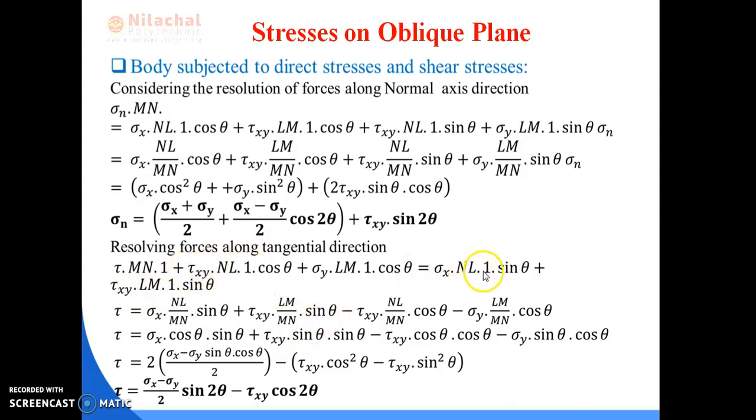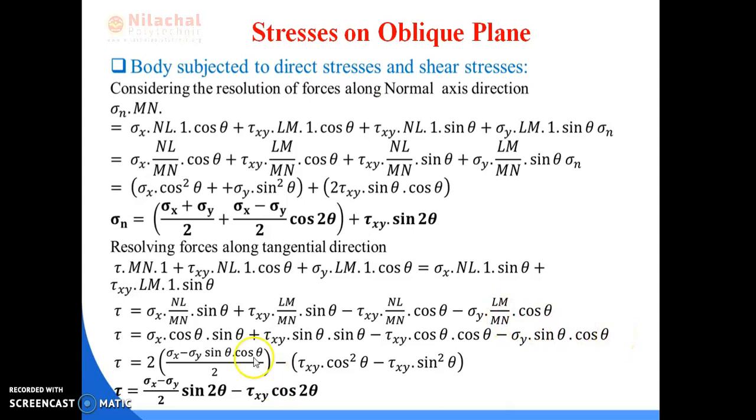It will be minus to the right side: tau xy NL by MN cos theta, sigma y LM by MN cos theta. So NL by MN cos theta into sin theta, tau xy LM by MN sin theta into sin theta, minus tau xy NL by MN cos theta, so cos theta into cos theta, sigma y LM by MN sin theta into cos theta.